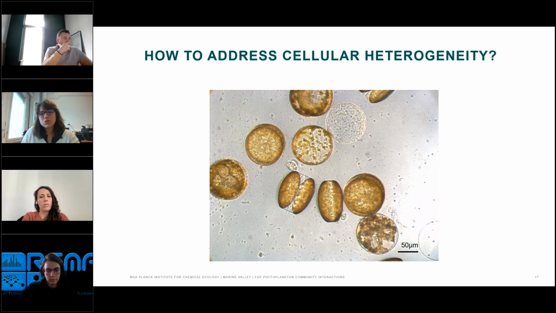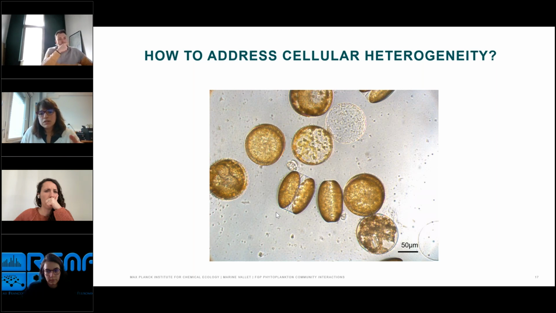But I'd like to present you today also one of the other methods we have developed to address cellular heterogeneity. As I said before, in blooms, you can have huge heterogeneity. For instance, you have here an example of infected cells, and usually the cultures are not synchronized. So you would see cells in various stages, from completely empty frustule to healthy to infected with different stages together.